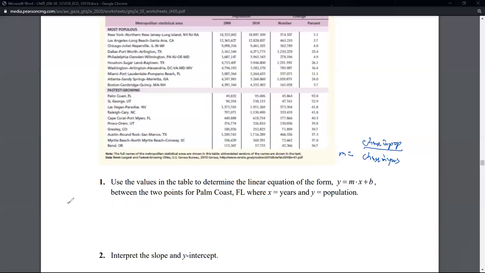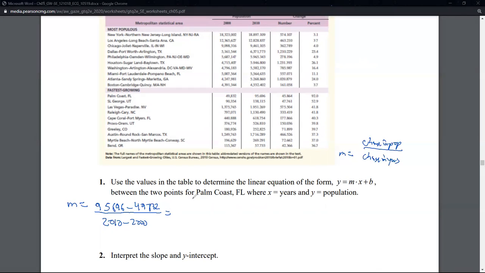So for this problem, our m should be the change in population, which is 95,696 minus the old 49,832, then over the change in the years, we went from 2000, I hope my pen is showing this because I've got a menu right here that I can't see. This should say 2010, and this should say 2000. I think I'm in the right spots, so we do 2010 minus 2000.